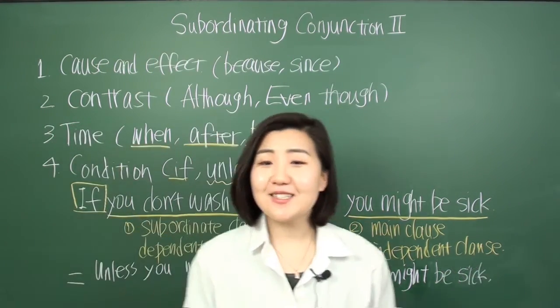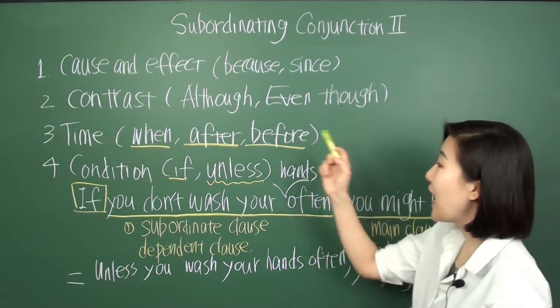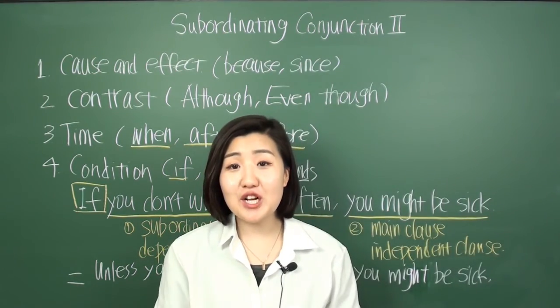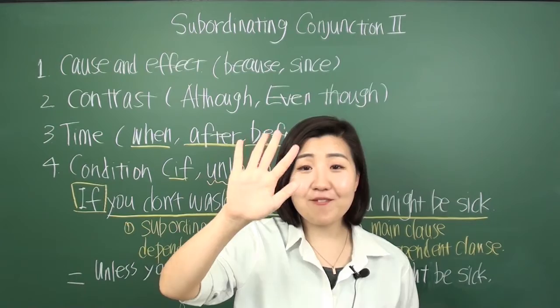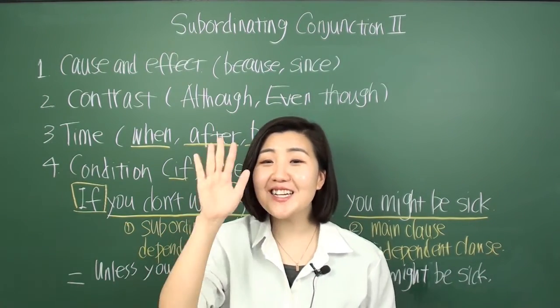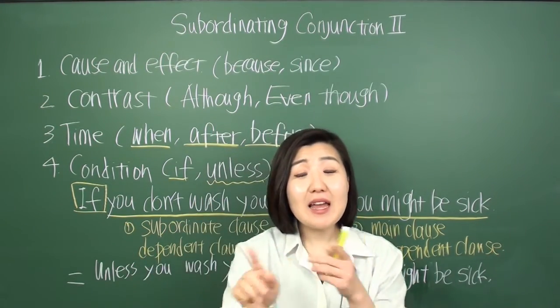Okay, good guys. So today we have learned how many subordinating conjunctions? We learned 5 subordinating conjunctions. And we can divide that into 2 groups.